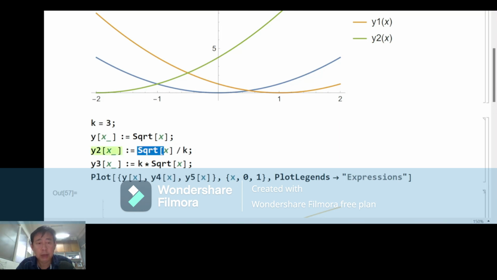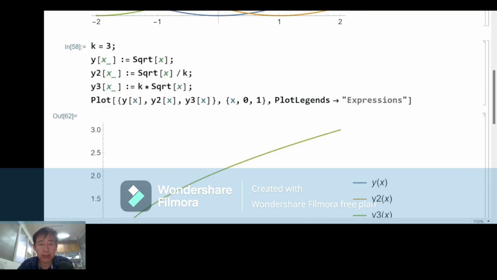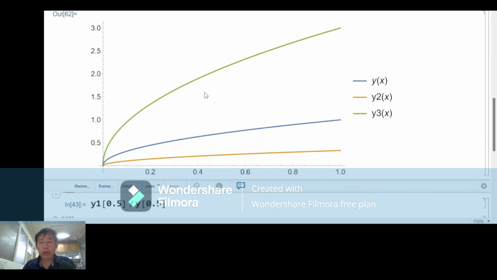This would be a vertically compressed function. This will be a vertically stretched function. So let's see if this is indeed the case. I'm now displaying y2, y3, and y in the same plot. Here you can see this is the original function y.